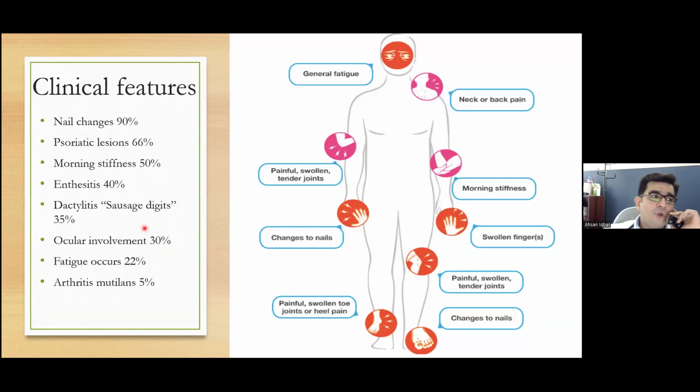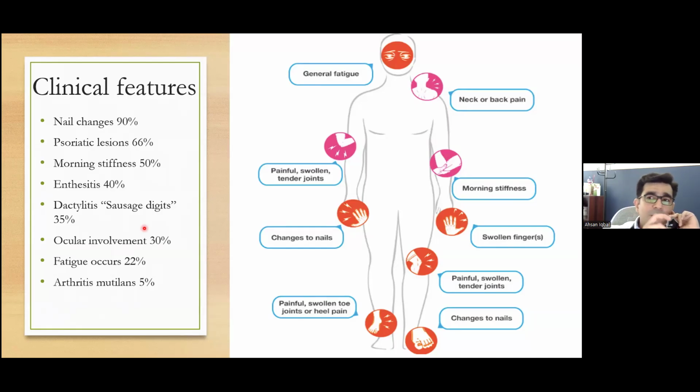Clinical features, the most common presentation of symptoms seen in patients with psoriatic arthritis is nail changes. That is also in diagnostic criteria for psoriatic arthritis. And I'll go with further details about these clinical features as well. And then there's, of course, psoriatic lesions. Morning stiffness is very common in many patients.